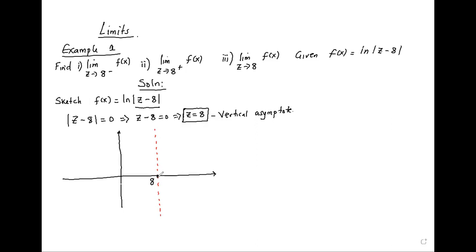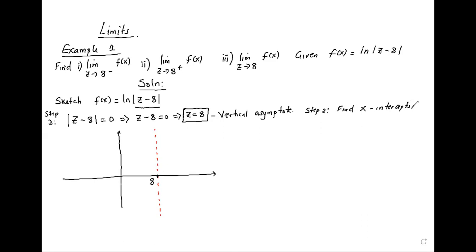Okay, from there, we find the x-intercept. To find the x-intercept, we equate the whole function to 0. This was step 1 in the sketch. Step 2, we find x-intercepts.